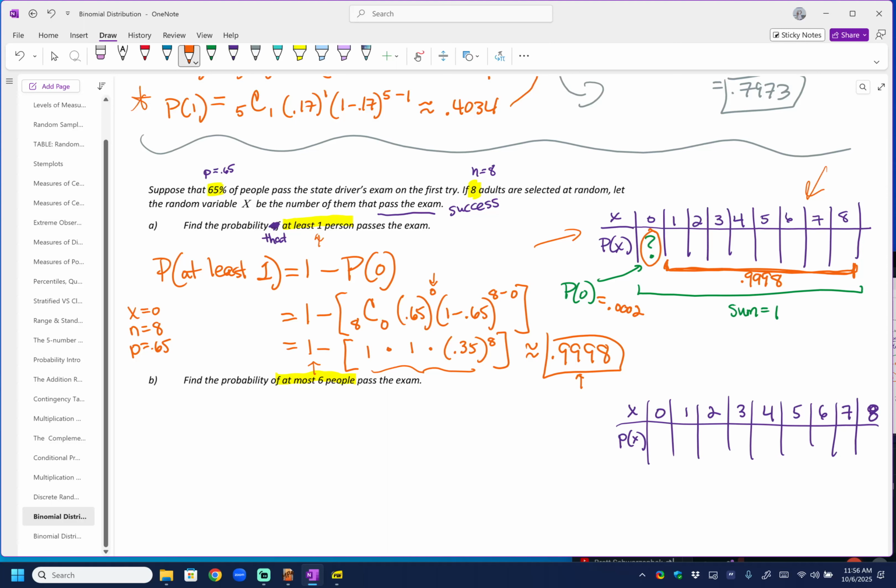So that would include all of these scenarios of successes, which means I want to find the sum of these probabilities. This would require, technically, using 7 individual formulas if I wanted to do that and add them all together. There's a better way, just like last time, and that's what we have to figure out.